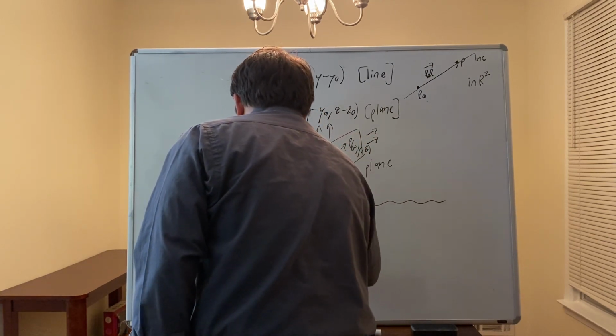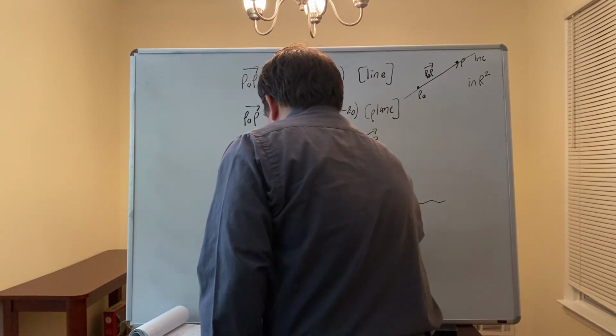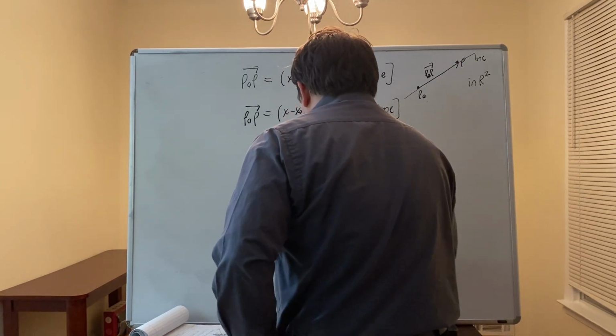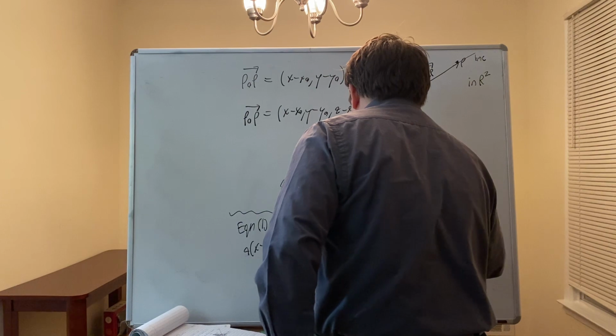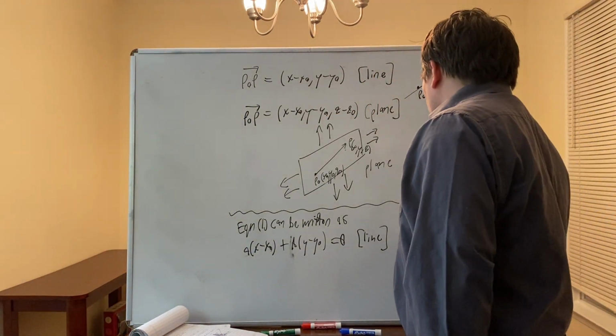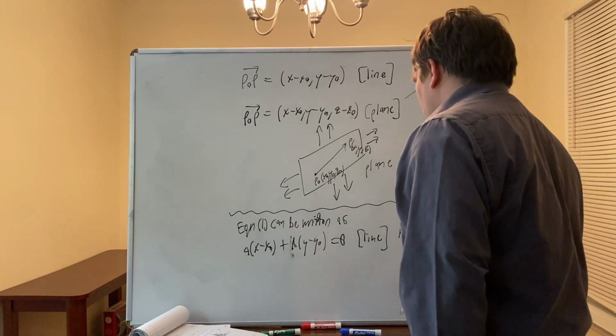A times x minus x naught plus b times y minus y naught equals 0. And that's for a line. Here the normal n is a comma b.